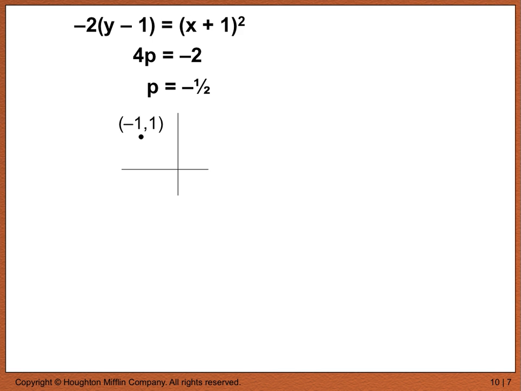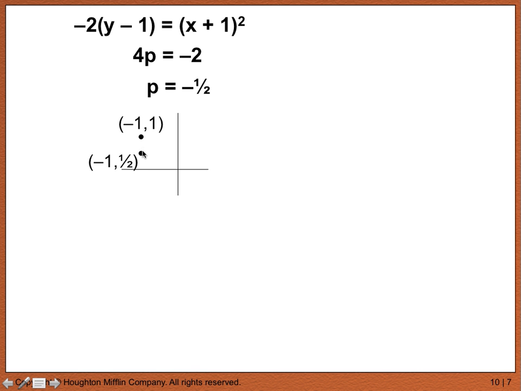Now, where I am going to use the information that p is negative 1/2 is the following way. First of all, it's negative, so it must go down. And therefore, I write it this way. Negative 1, 1/2. These are the coordinates of the focus. And I use the fact that p is negative 1/2, and so follow my mouse arrow now. This distance that I'm tracing right now is p.